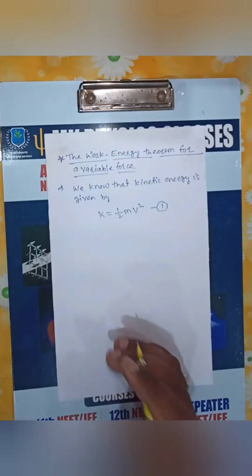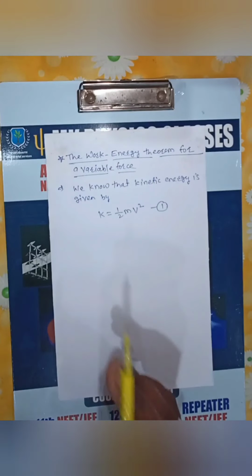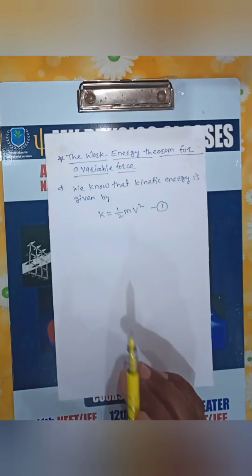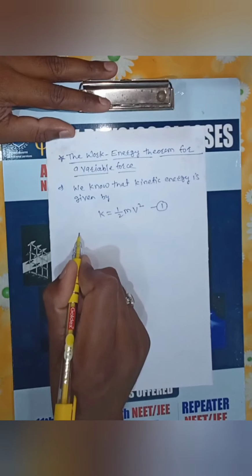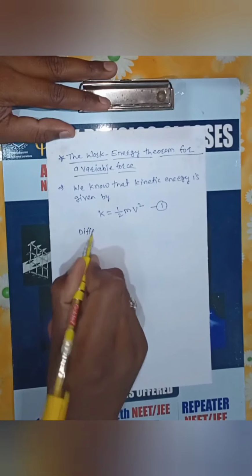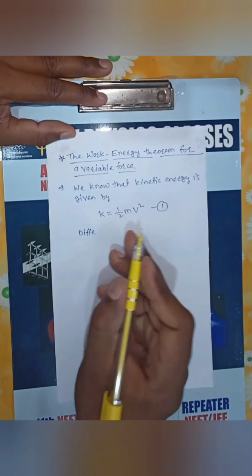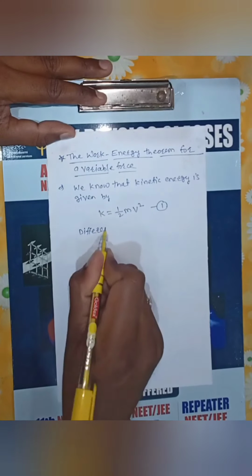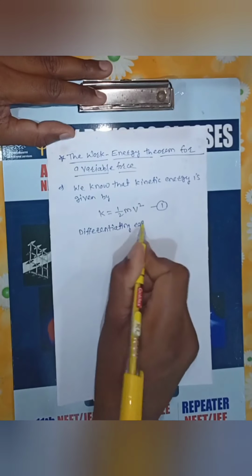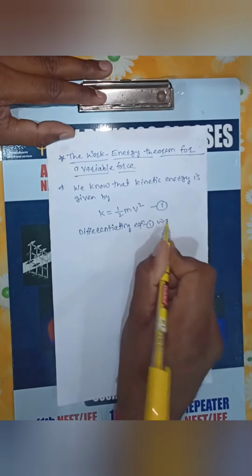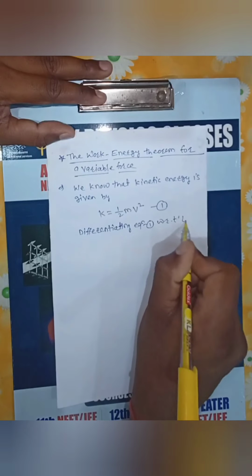Now this is equation number 1. We already know the kinetic energy K is equal to half m v square. Now differentiating equation 1 with respect to t.